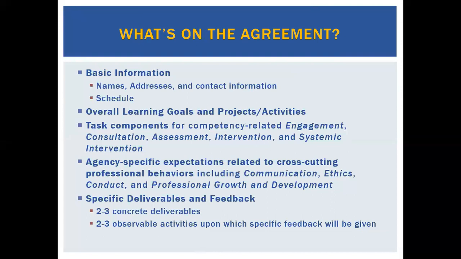It might be observing them participating in an interdisciplinary team meeting. But we do want to make sure that your evaluation of the students is anchored in observation and deliverables, and not simply self-report, just to make sure that their learning is properly evaluated. We're happy to work with you on feasible ways that this can occur at your placement.